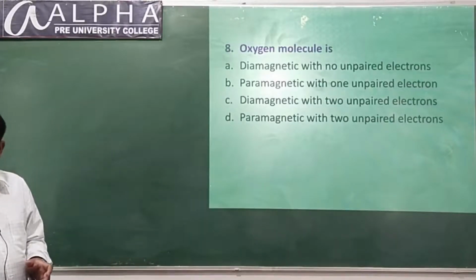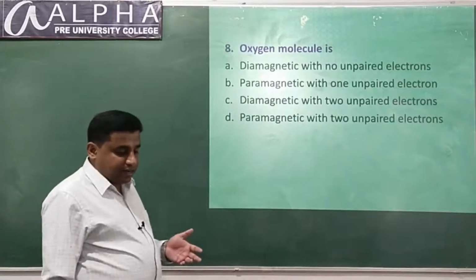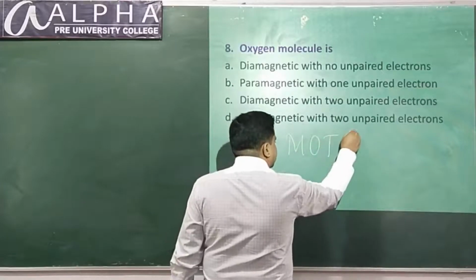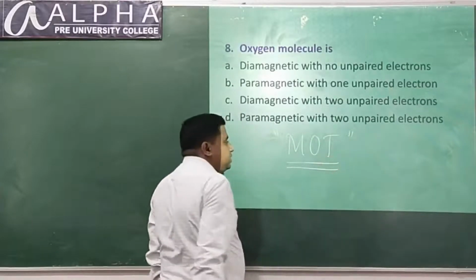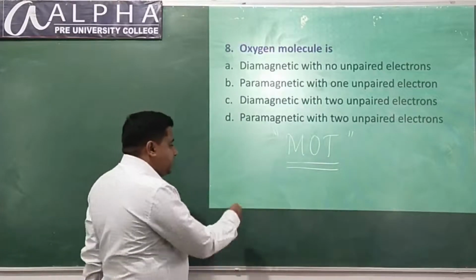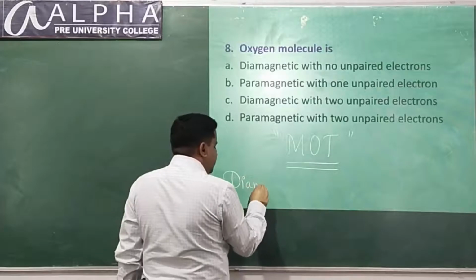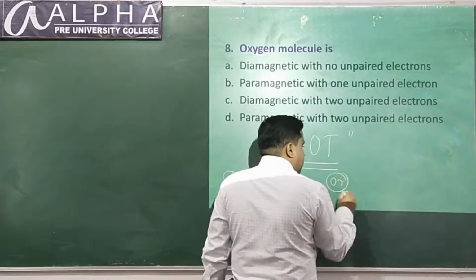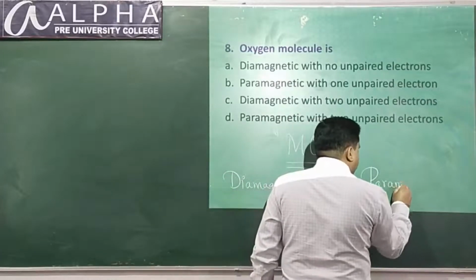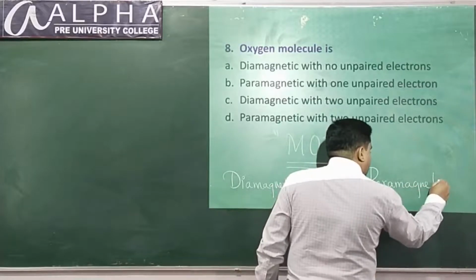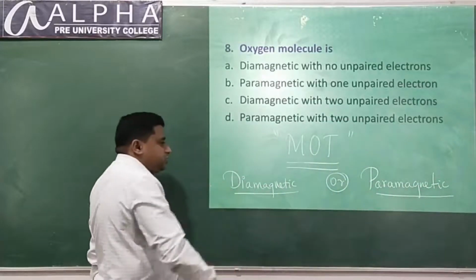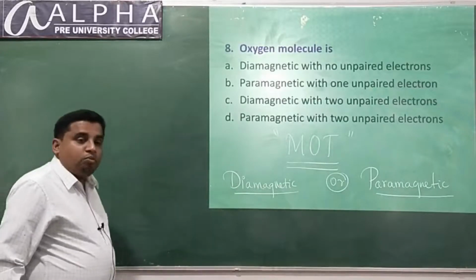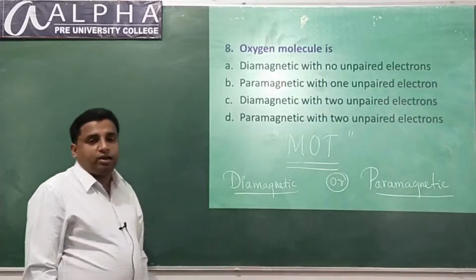Again, if I want to know whether the given species is diamagnetic or paramagnetic, I should make use of molecular orbital theory. In order to know whether the given species is diamagnetic or paramagnetic, I should again use molecular orbital theory, and I have to write the electronic configuration.